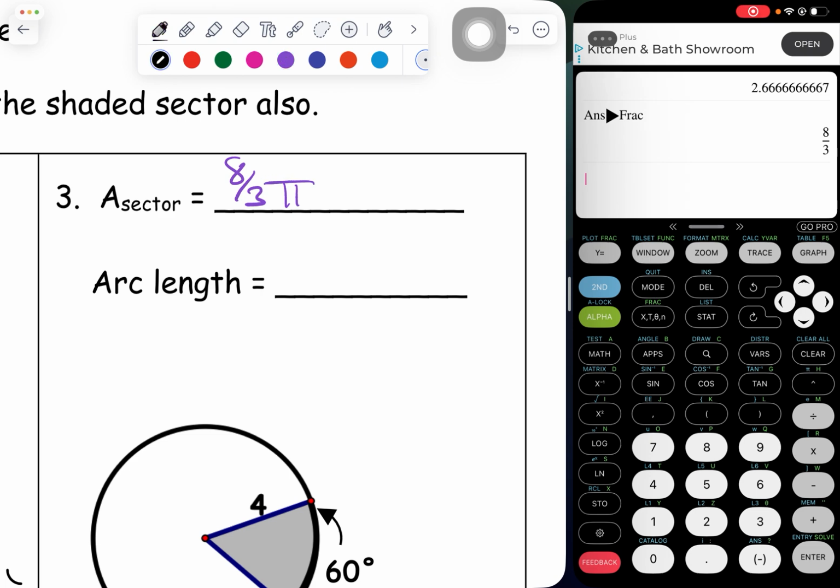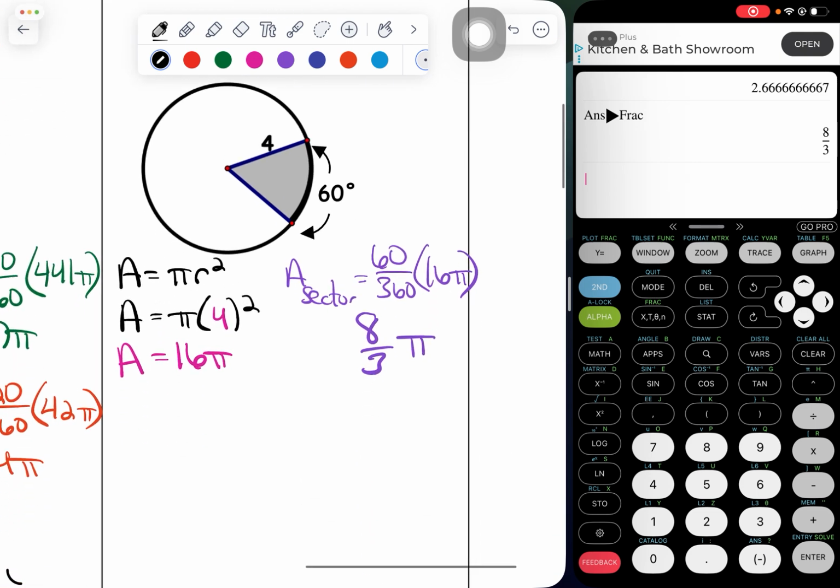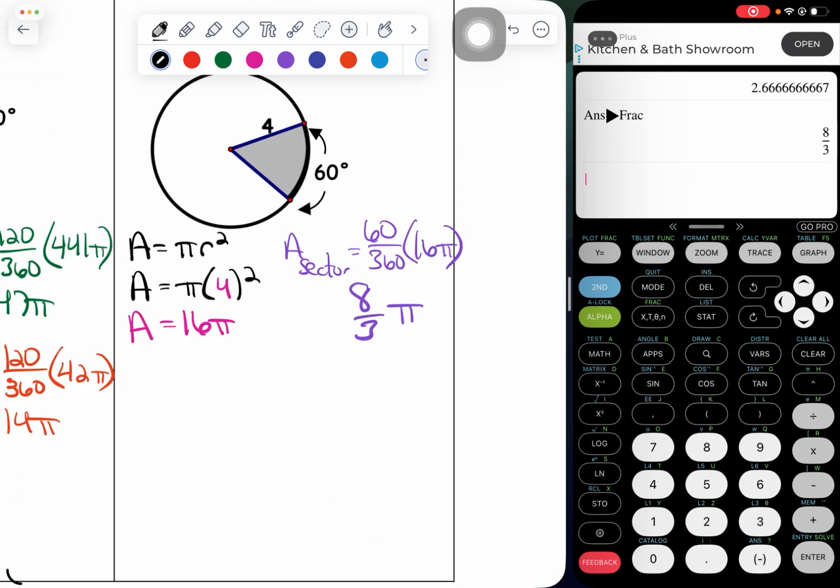Let's go ahead and get myself back down to here so we have some space, and let's do the arc length. So again, start with circumference. Circumference is equal to 2 pi r. So that's going to be 2 times pi times, your radius is still 4. So circumference is equal to 8 pi.